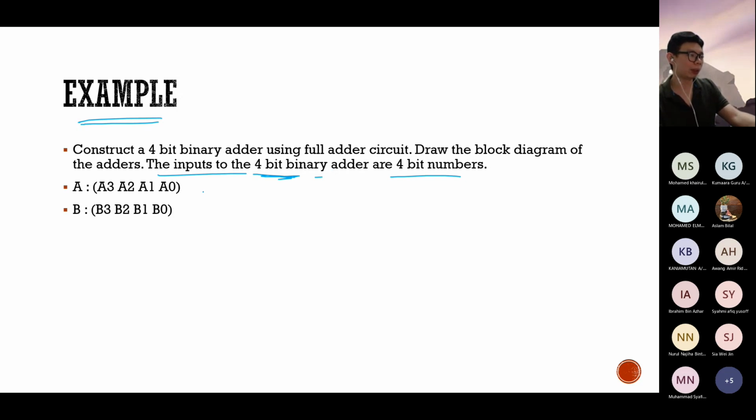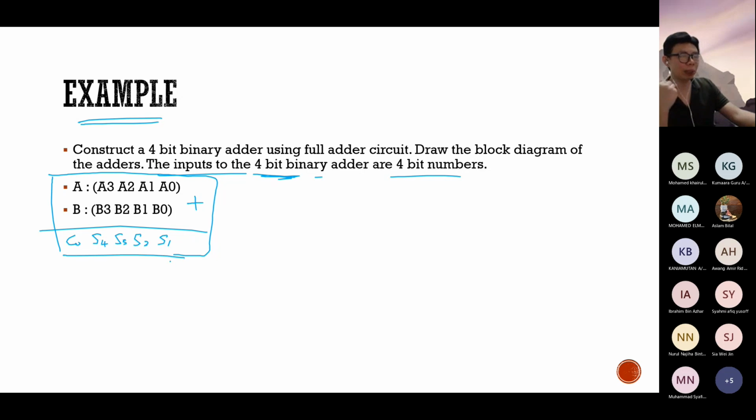We have a 4-bit number A3, A2, A1, A0, and another 4-bit number B3, B2, B1, B0. Now we want to add them together, and you would get your answer as sum 1, sum 2, sum 3, and sum 4, and there's a carry out also. This is the operation that we want to perform.